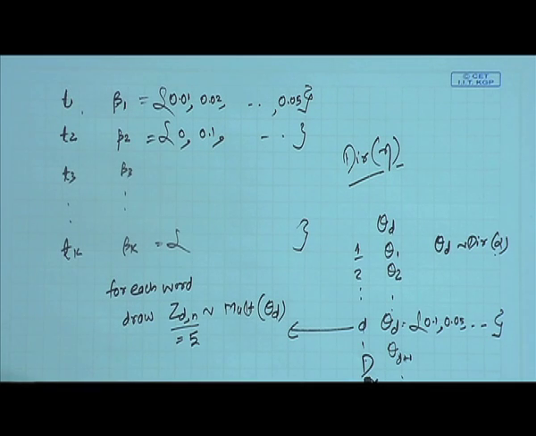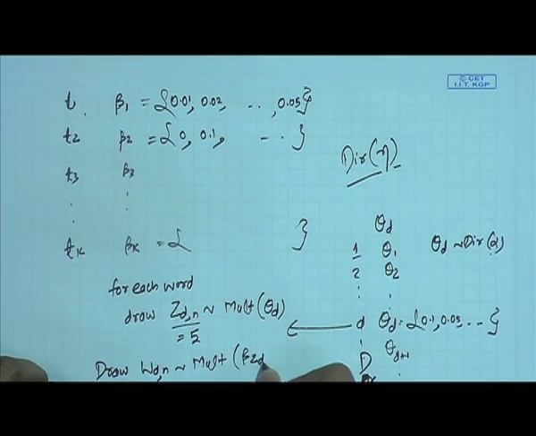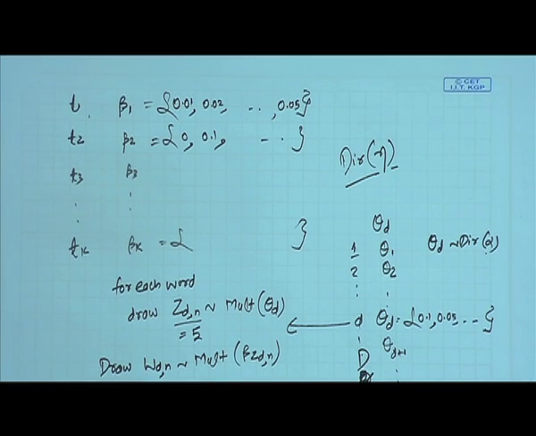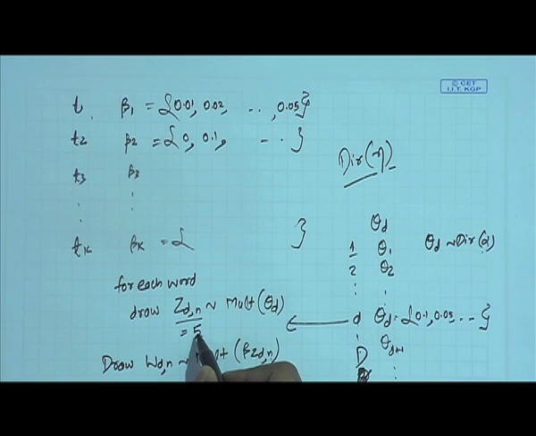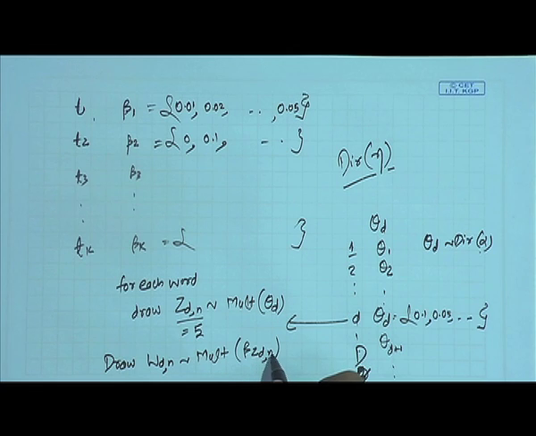So it says draw w_dn from multinomial of beta z_dn. z_dn is now my 5, the topic that you drew, and now you take the multinomial over beta 5.